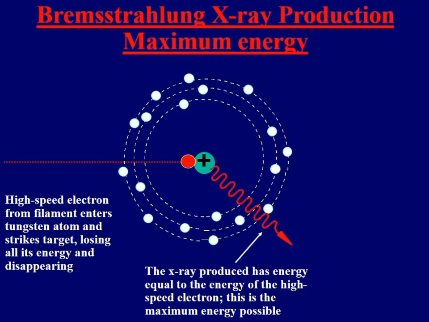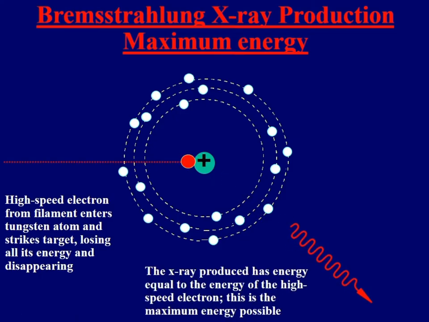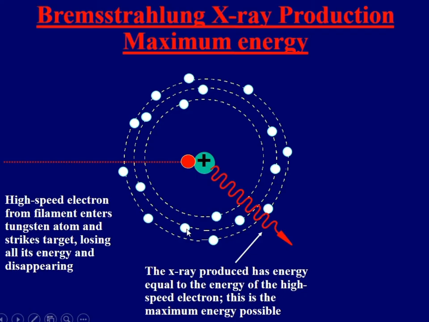When the electron directly strikes the nucleus, the X-ray photon released has energy equal to the energy of the incident electron. So this is how the X-ray photon is produced with maximum energy. Maximum energy means energy which is the same as the energy of the striking electron.